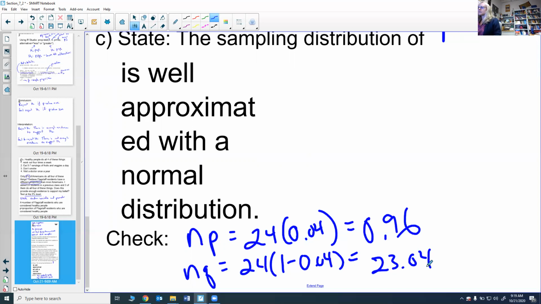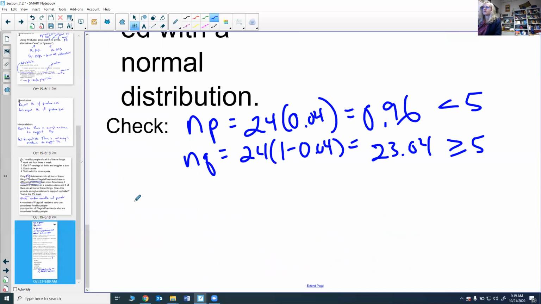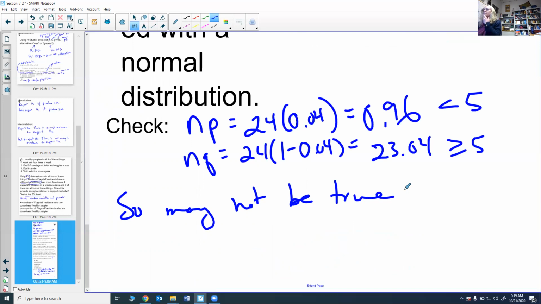So first thing I notice is that n times q is greater than or equal to 5, but this one, n times p, is not. So this may not be met. And so we aren't able to say we can definitely approximate our p hat with a normal distribution. But again, we're going to go ahead and do the problem anyway. It's just realizing that may be the issue.